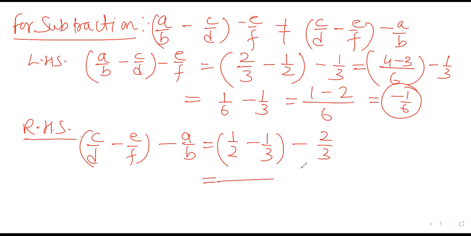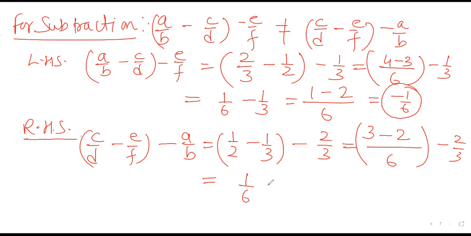LCM will be 6, so 3 minus 2 gives 1/6, and minus 2/3 outside the brackets. After that, 1/6 minus 2/3. 6 is the LCM, so 1 minus 4, you will get minus 3/6, that is simply minus 1/2.